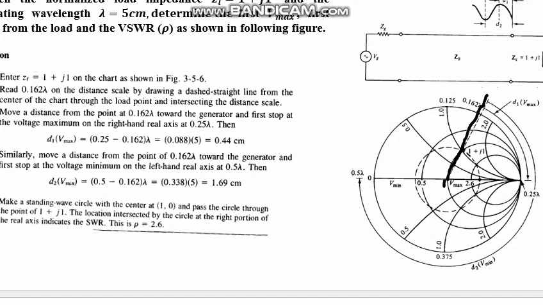So in that point 1 plus 1j, you should put the compass's pinpoint here and put the pencil here and draw a circle around it.